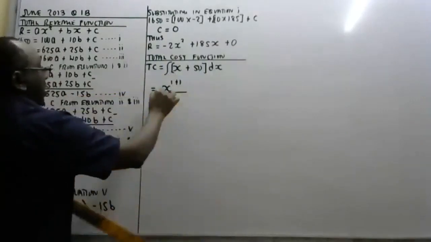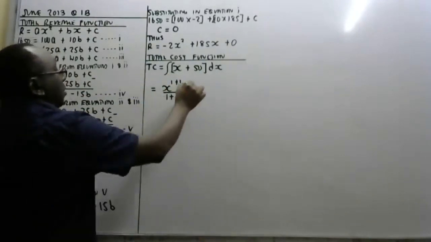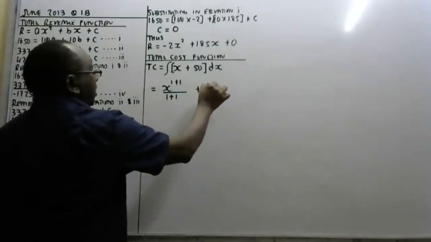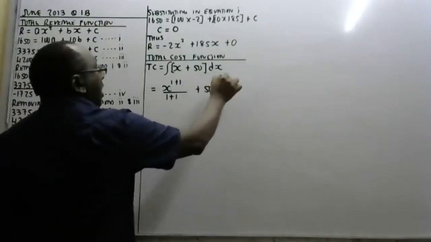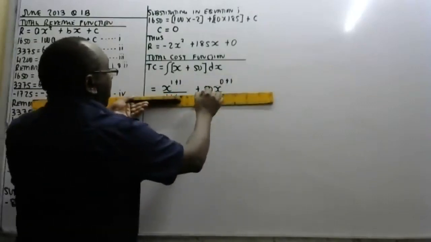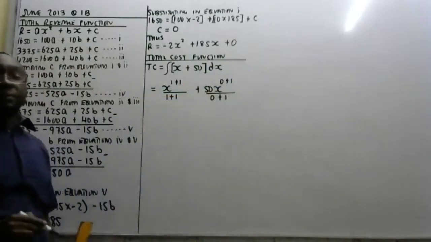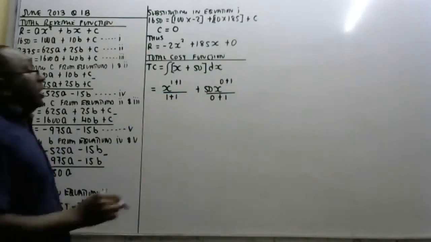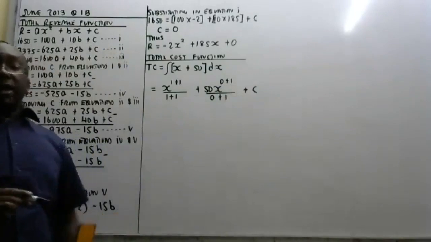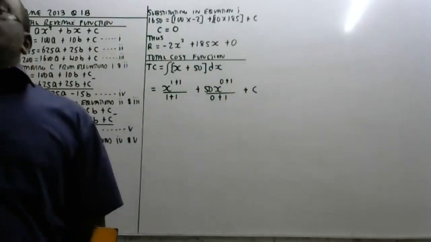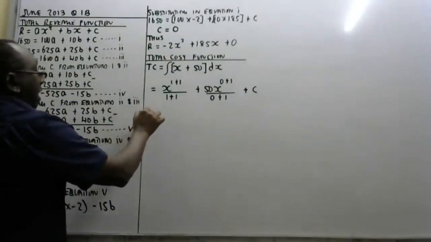You divide by the new power 1 plus 1, plus 50, which is currently x raised to power 0. You add back 1. You divide by the new power 0 plus 1. Then you add what we call constant of integration, C.